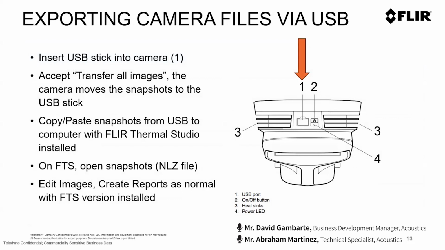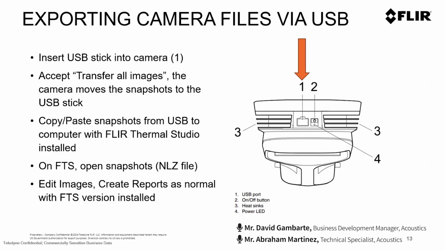You just insert the USB, and the camera will guide you automatically on what to do step by step. Transfer the images, and once you have them, you put the thumb drive into your computer, and then you can drag and drop the NLZ files and open them in Thermal Studio.